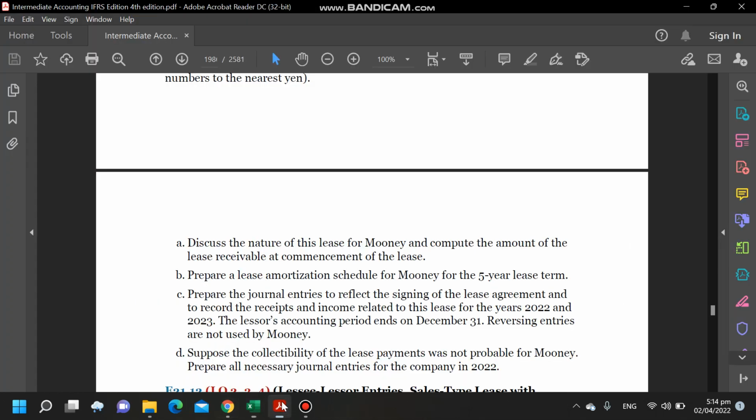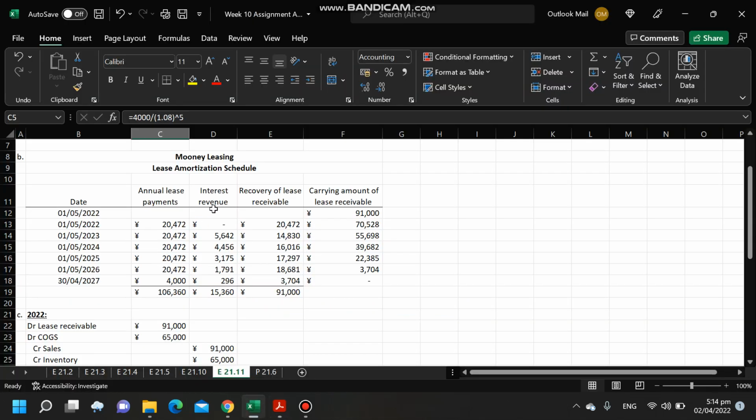So that's for A. And then B, prepare a lease amortization schedule for Muni for the 5-year lease term. For this one, you just do the usual lease amortization schedule. You start with 1st May of 2022 with the 91,000 carrying amount of lease receivable and directly subtract the lease payment at the commencement of the lease.